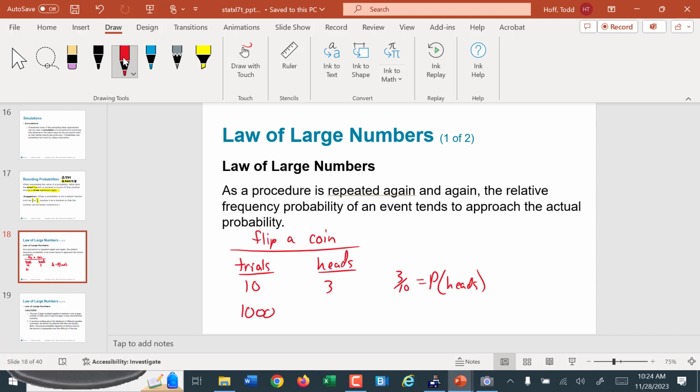But if we did 1,000 trials and got 482 heads, well, that 482 out of 1,000, because we repeated it more times, we had a large number of repetitions, that should be much closer to the true probability of getting heads than this first one where we only had 10 trials.